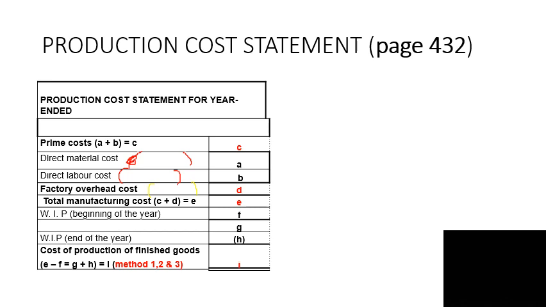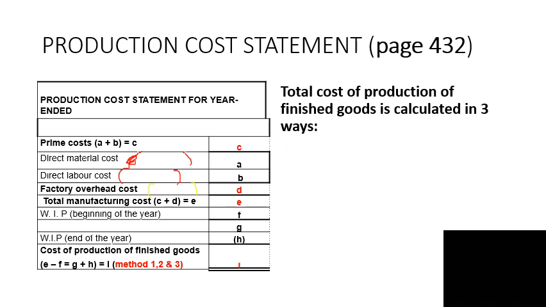Of importance is how to calculate cost of production of finished goods, because examiners, remember, are paid to be tricky. Sometimes they give you questions and you are not sure how to answer. Now, total cost of production of finished goods is calculated in 3 ways.